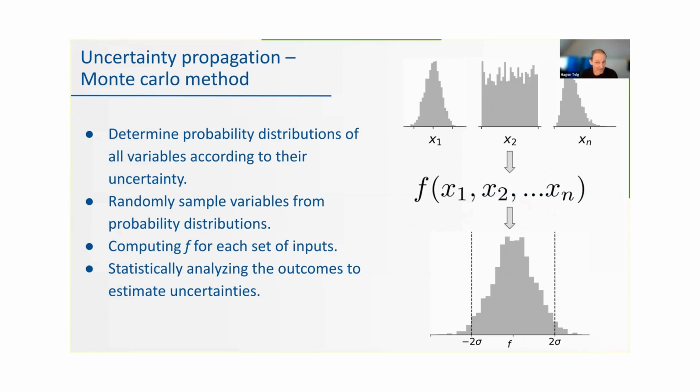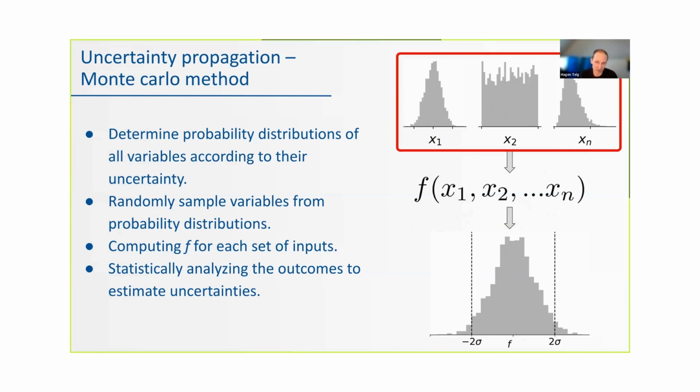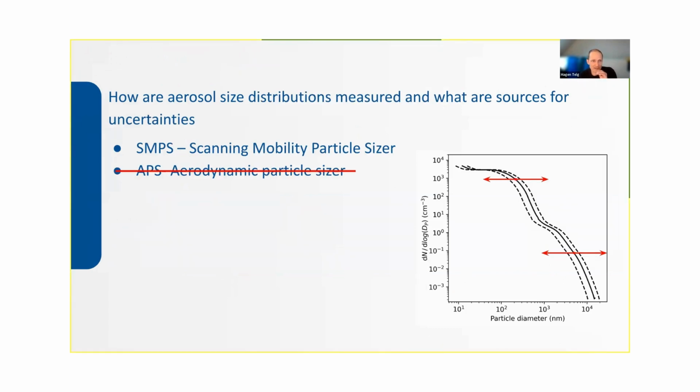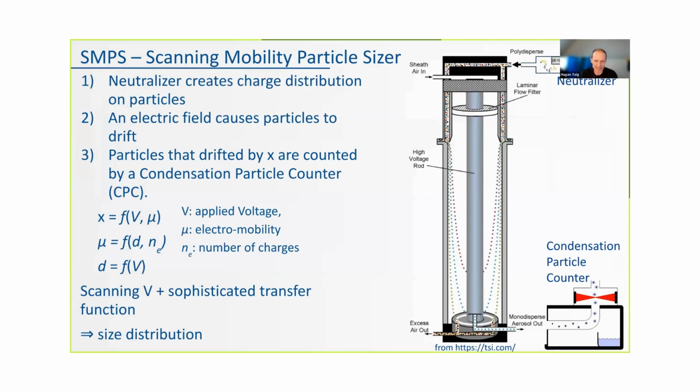Okay, so in the next part of my presentation, I will now focus on how to derive all those distributions, starting with the instrument part. I will obviously only discuss the SMPS, because the APS I skipped for reasons of time. The general principle of the scanning mobility particle sizer is how particles are drifting in an electric field, so charged particles, obviously.